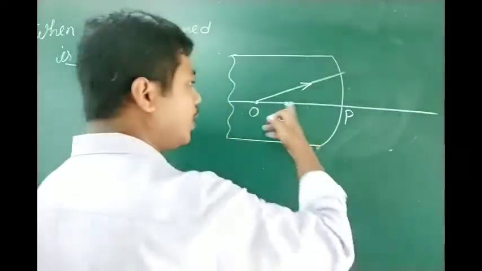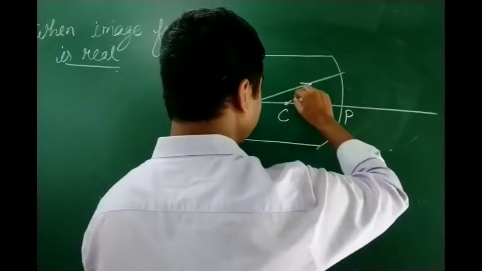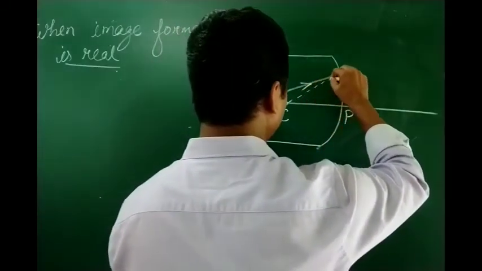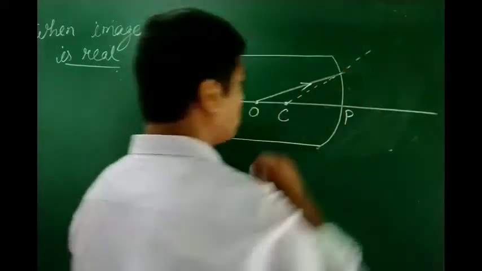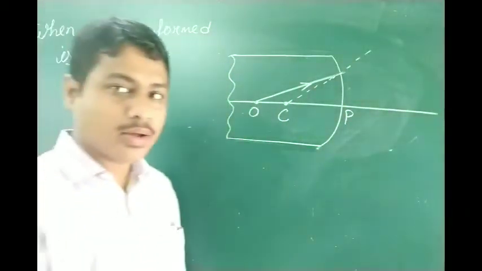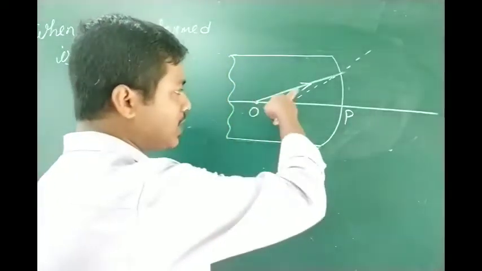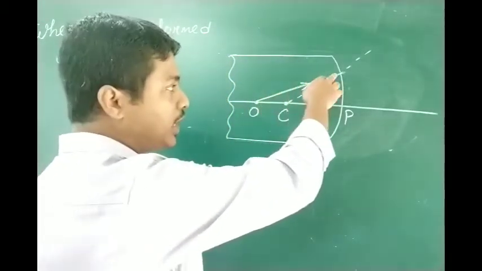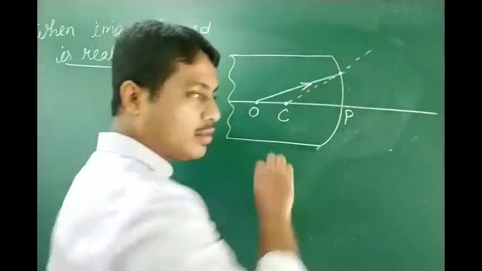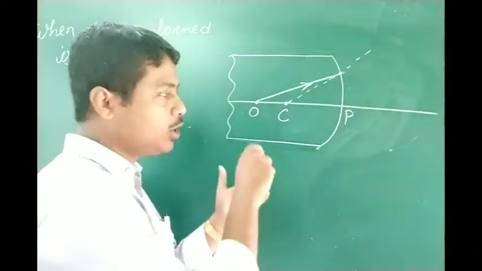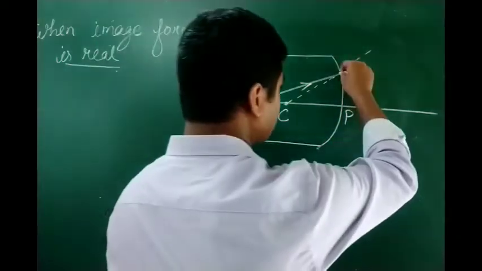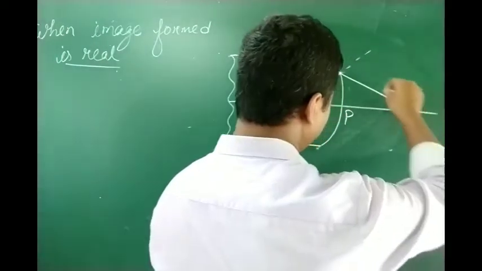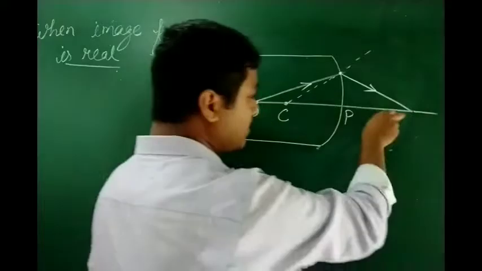Now, first of all, let us draw the normal here. The normal will be passing through your center of curvature. This is our normal. After this, as we know, the incident ray, after hitting the separating surface of the other medium, will be bending away from the normal and it will be hitting the principal axis.